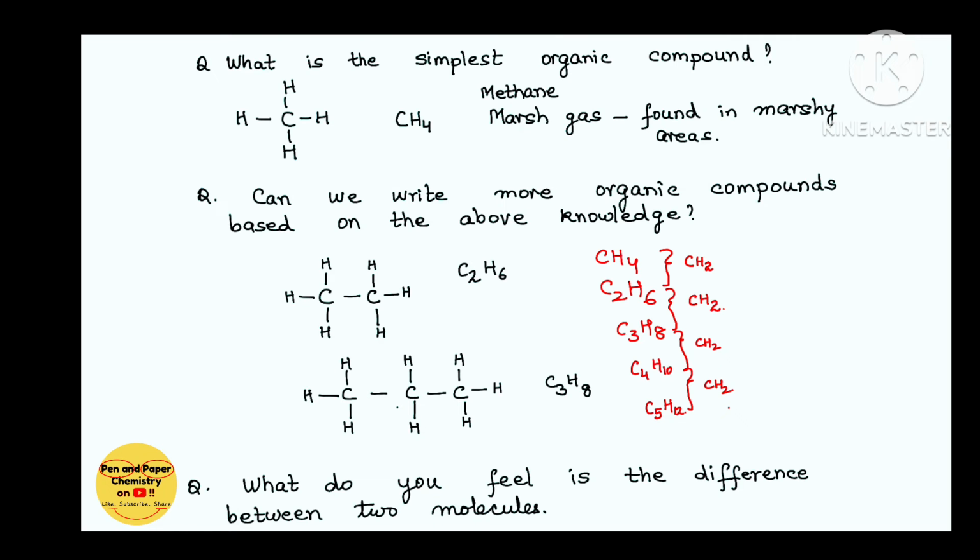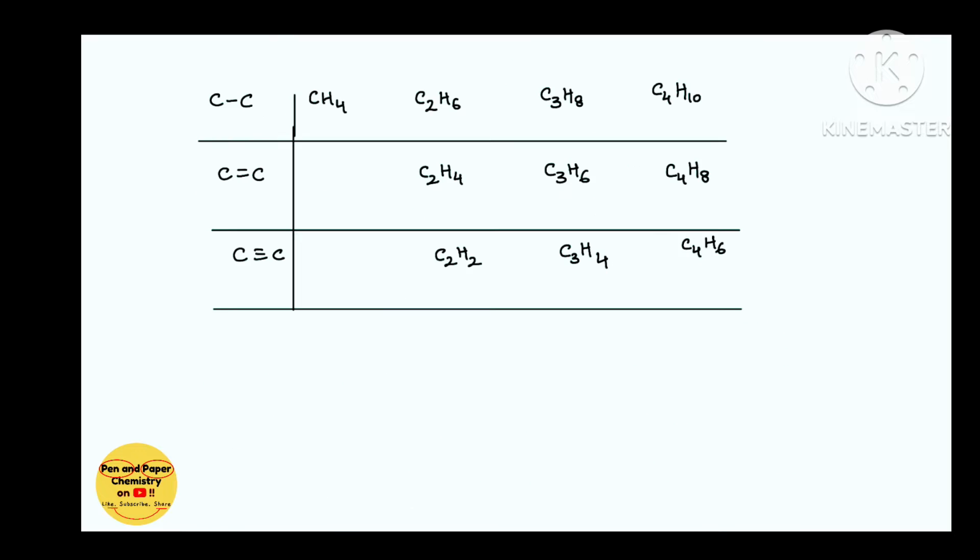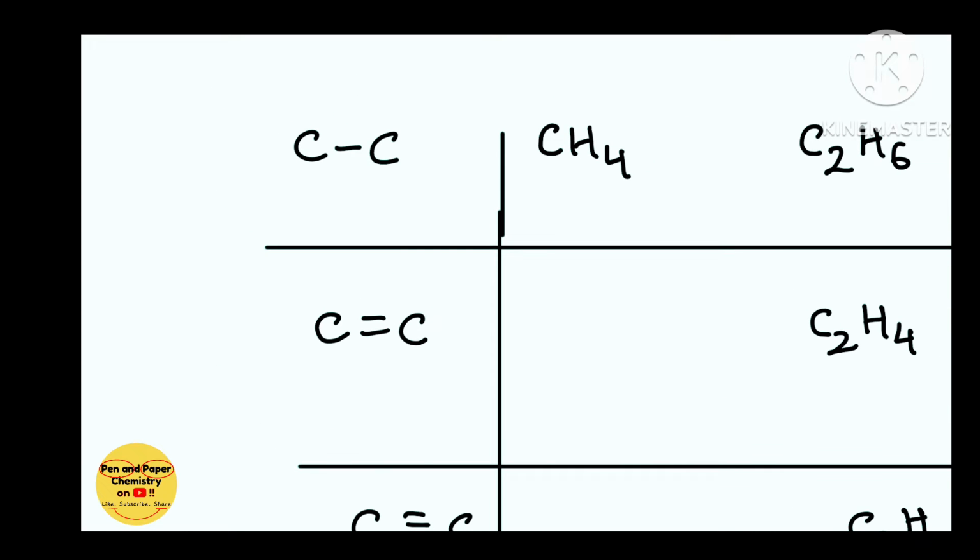Now in part 2, I had introduced to you the simplest organic compound, methane. And based on methane, we had built up a series of compounds. So let us now tabulate these compounds. You had the compounds wherein there is only a single bond between the carbon atoms, which are also known as saturated compounds.